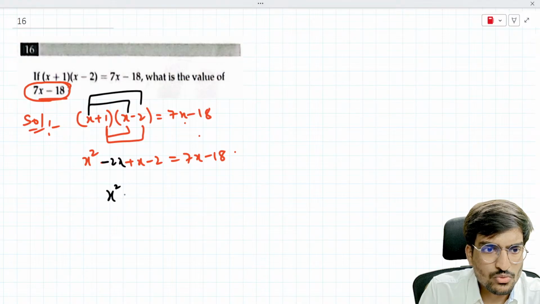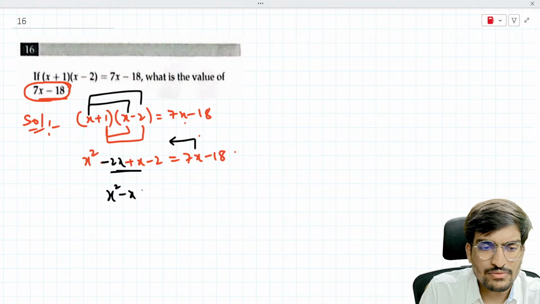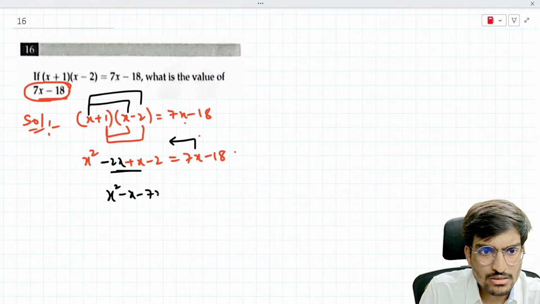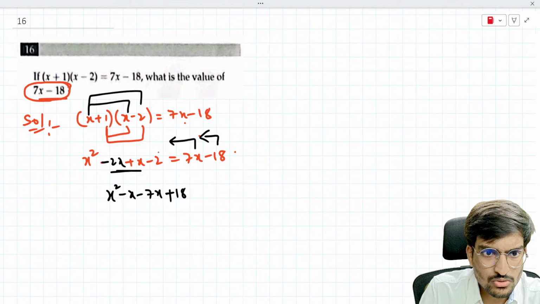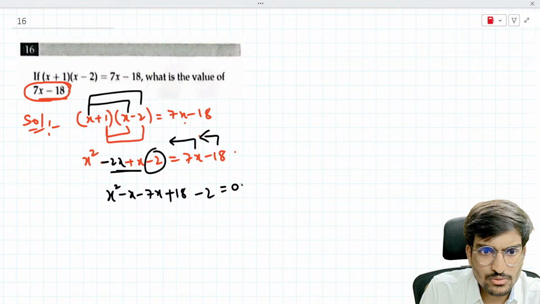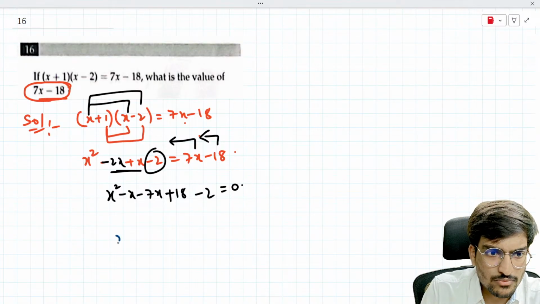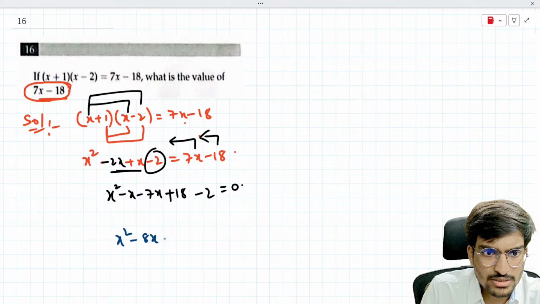X square minus 2x plus x, and I'll just send this 7x to the other side. It's going to be negative 7x, positive 18, I just forwarded this also, and then negative 2, that equals 0. So what do we end up with? X square minus 8x plus 16 equals 0.